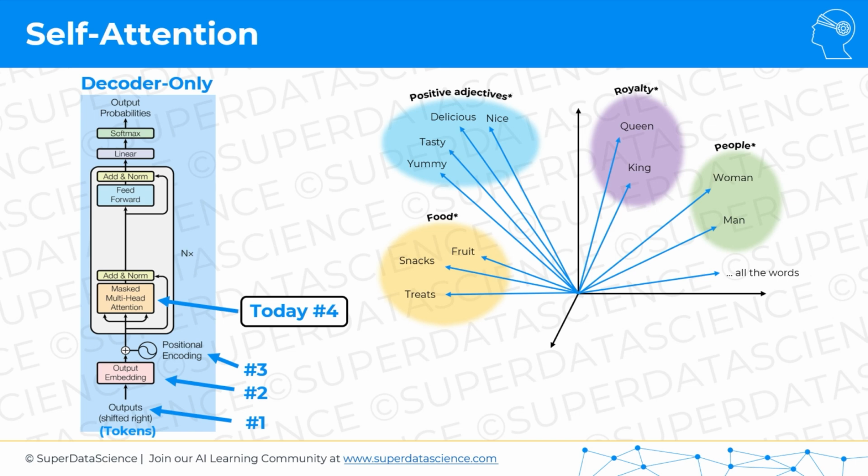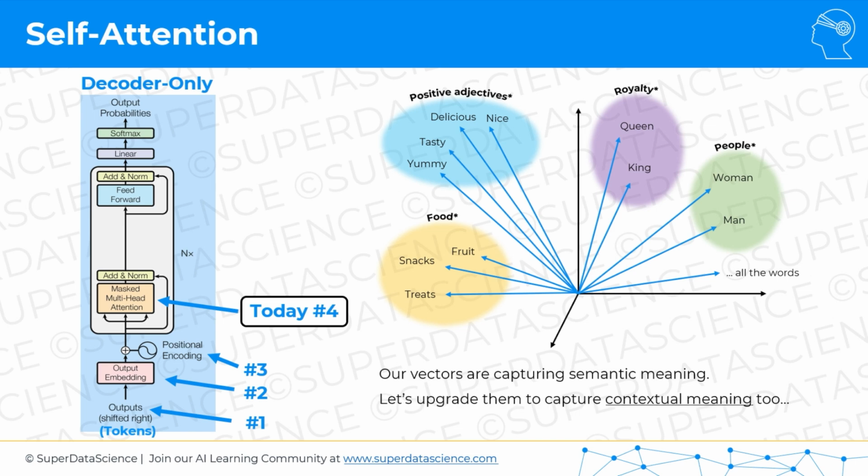Now we're going to take the next step, and we're going to upgrade the vectors to capture contextual meaning too. This is the secret sauce of transformers. This is why they're so powerful, because they are able to capture the contextual meaning as well, and do so in an eloquent way.